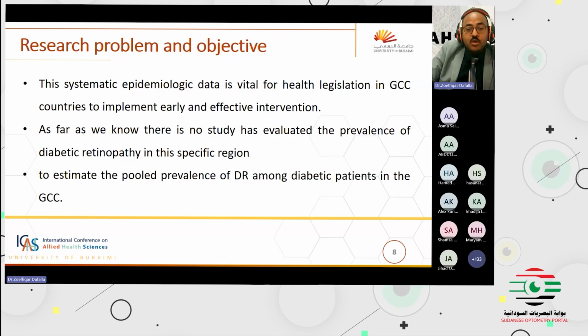As far as we know, no study has evaluated the prevalence of diabetic retinopathy in these specific regions, I mean GCC countries, and also to estimate the proportion of diabetic retinopathy in diabetic patients in the GCC countries.